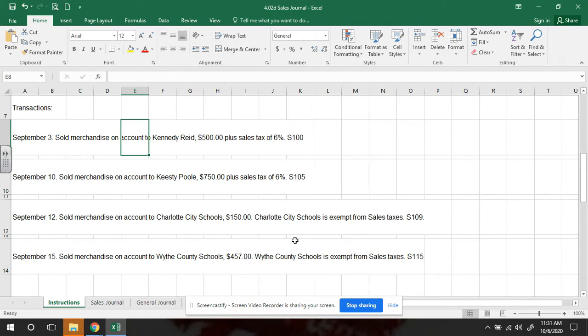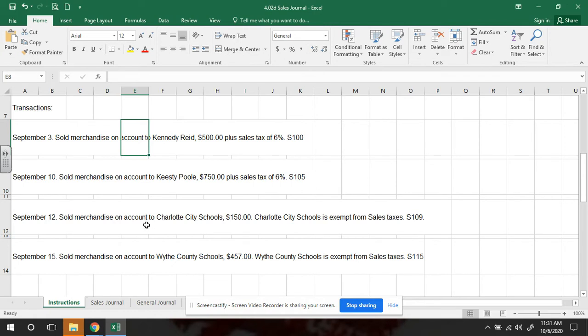But school systems, charities, churches, and places like that are exempt from the sales tax. So in this case, you're not going to charge them sales tax, but they would have to give you a document that shows their tax exempt ID number, and you want to keep that on file.